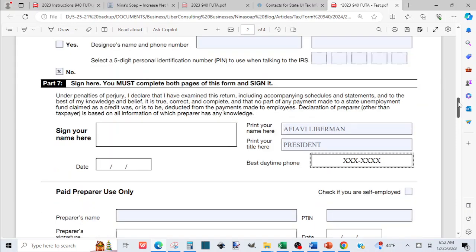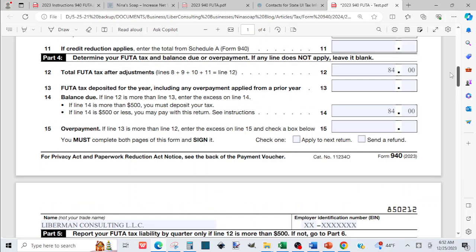So because here we didn't make deposits, we have the choice to make deposits or to pay with the return. Because the amount we owe is less than 500, we are going to pay with this return. Therefore, we need to complete the Form 940 voucher. If you choose to make a deposit, you are done filing Form 940. You do not complete the voucher.